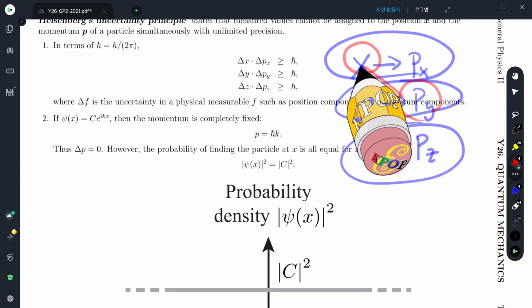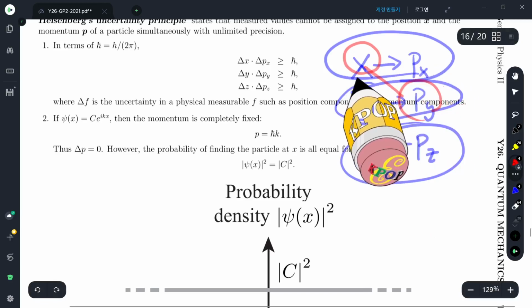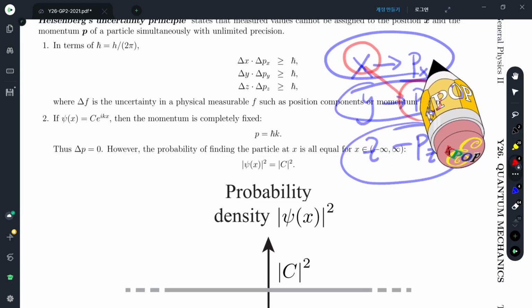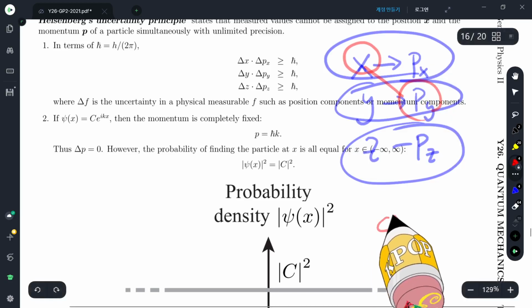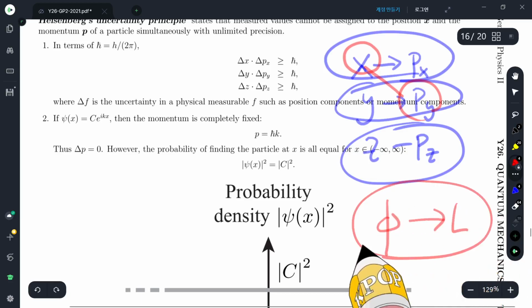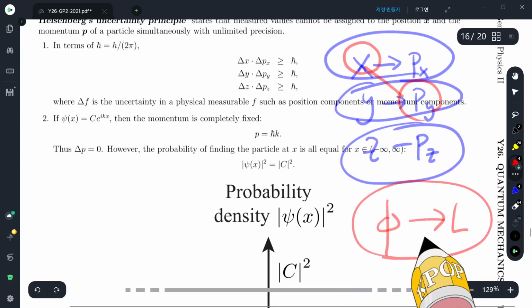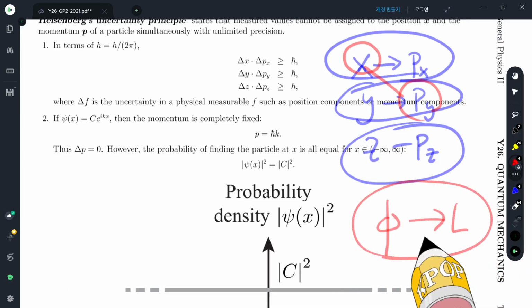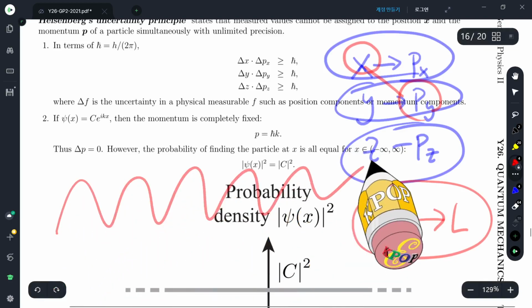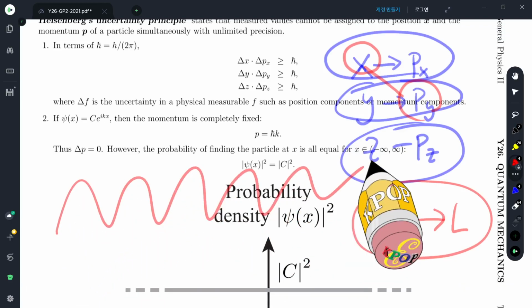That's not a problem. But as long as a coordinate and its own conjugate momentum are concerned, for example, angle and corresponding angular momentum, they are in a conjugate relation, so they cannot be determined with absolute accuracy simultaneously, because we are treating the particle as a wave.